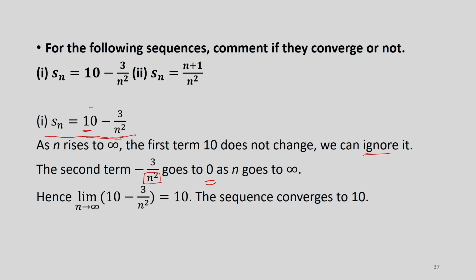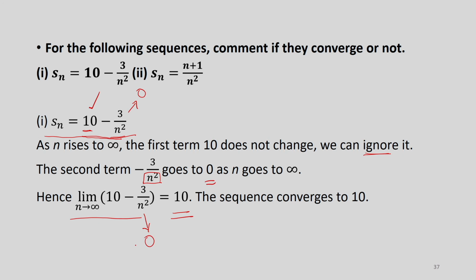So, this part remains constant at 10 and the second part goes to 0. What happens to the entire thing? What happens to Sn? That is what I have written here. Limit n goes to infinity Sn is equal to limit n goes to infinity 10 minus 3 divided by n square, and that we have seen is equal to 10 because this part is going to 0, right.